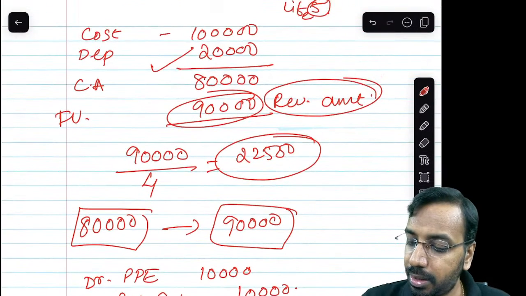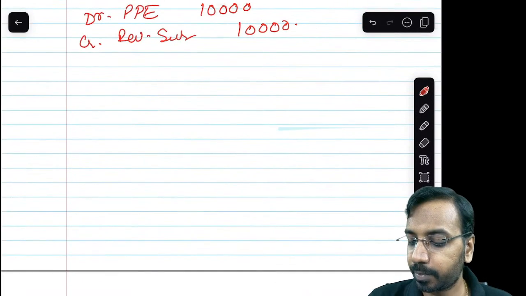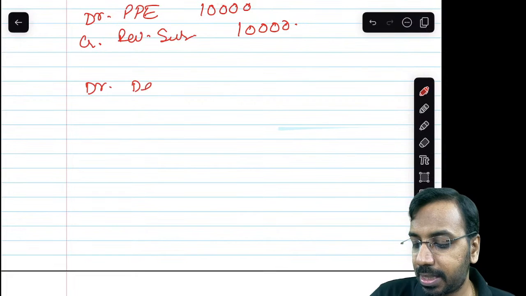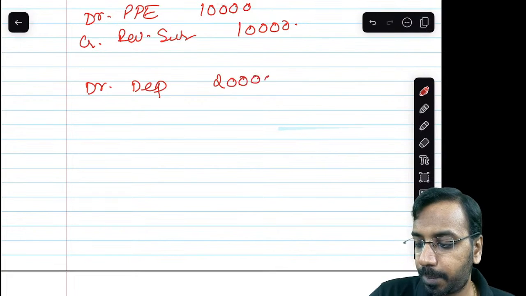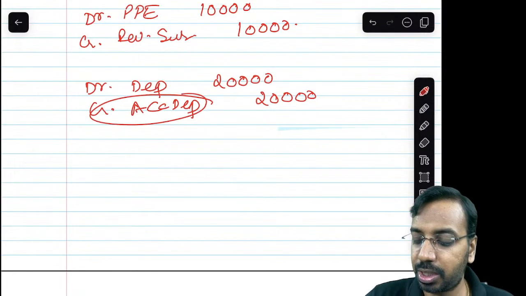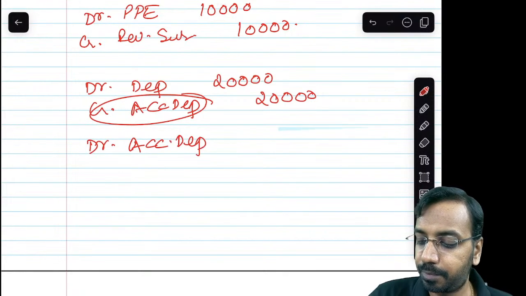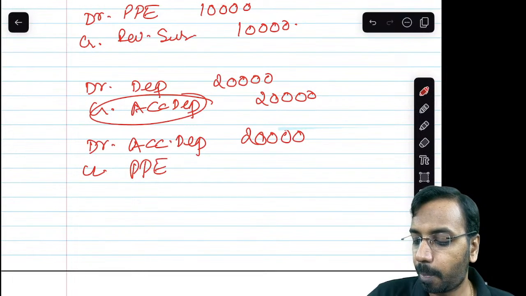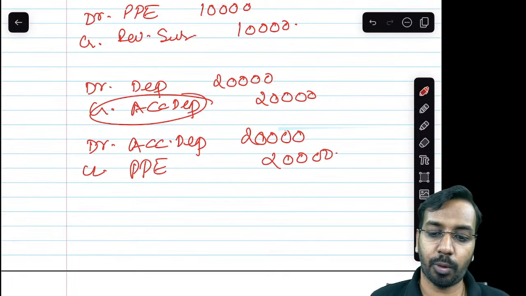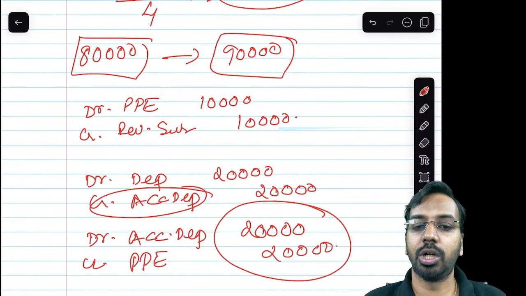Then, for the 20,000, when we charge depreciation, we debit depreciation 20,000 and credit accumulated depreciation 20,000. This accumulated depreciation is transferred to PPE. So we will debit accumulated depreciation 20,000 and credit PPE 20,000.